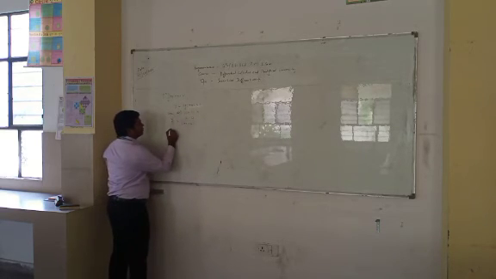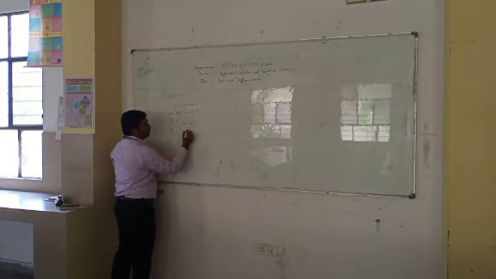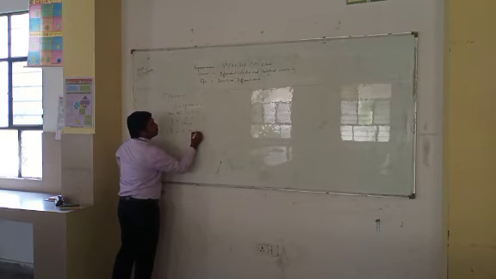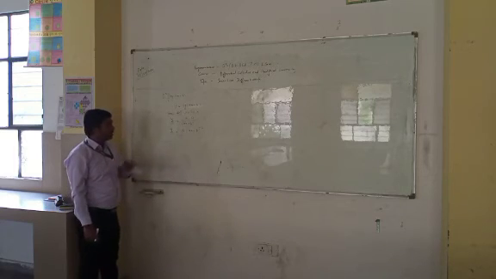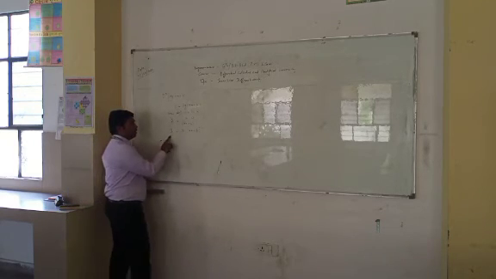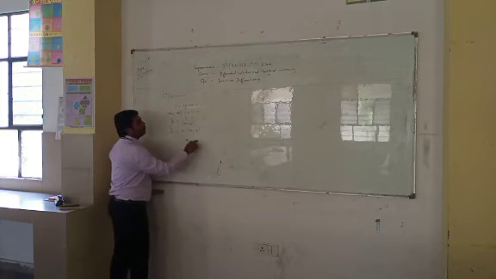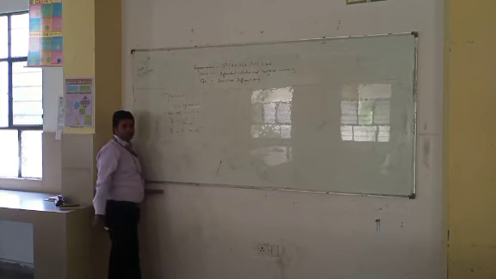So we can write y1 is equal to a into ax plus b to the power minus 1. Now this is the first order derivative of log of ax plus b.